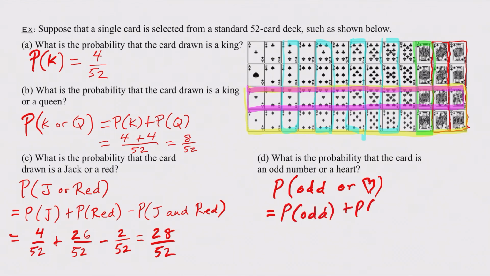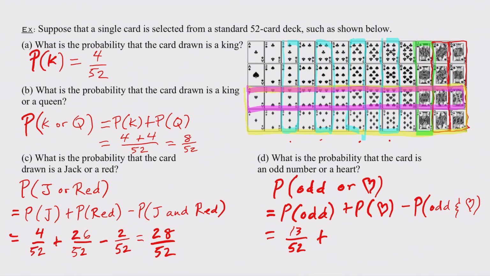So looking at the deck above here, we have the hearts. There are 13 cards that are a heart. 13 out of 52 for picking a heart. Let's see, we have the odds in each column here where we've got 4 3s, 4 5s, 4 7s, and 4 9s. So I think that'll be 16 altogether.